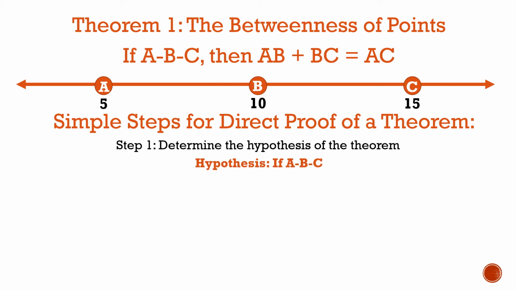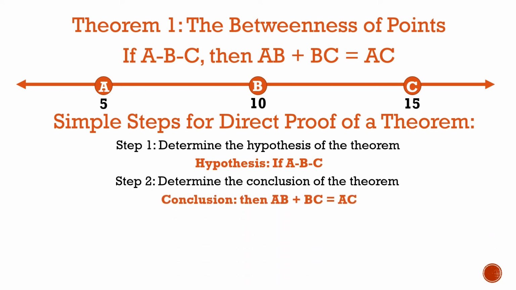Our hypothesis for this theorem is if B falls in between A and C. The second step is to determine the conclusion of the theorem. So the conclusion for this theorem says that AB plus BC equals AC.